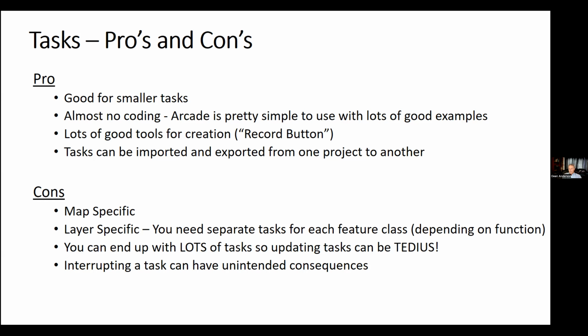The other piece we found is that interrupting a task can have unintended consequences. What that means is I actually wrote step-by-step tasks to enter a subdivision following our entire business process. I also did it for processing a deed to do a join. And it didn't work. I ended up with about 15 specific tasks within the subdivision group.